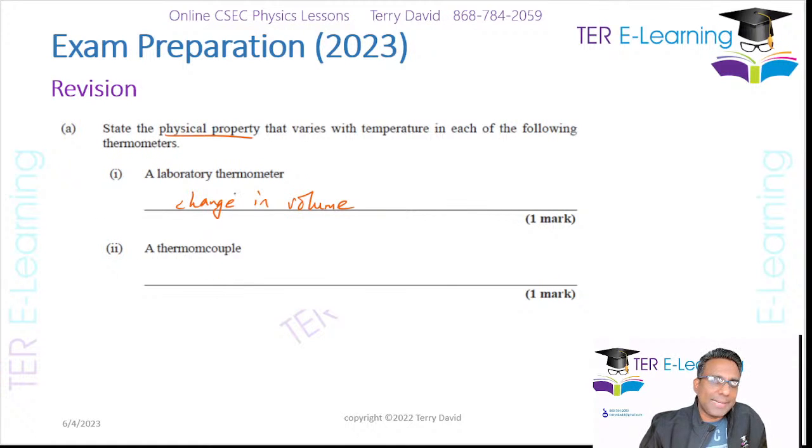A thermocouple is a device used to measure temperature, right? But it makes use of something called the generation of an EMF, right? If you all don't know what EMF is, the word EMF means electromotive force, and it's a voltage that we're talking about here, right?